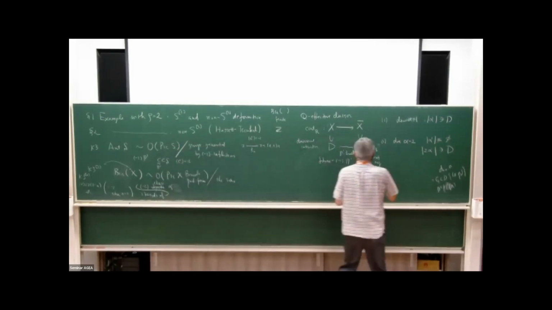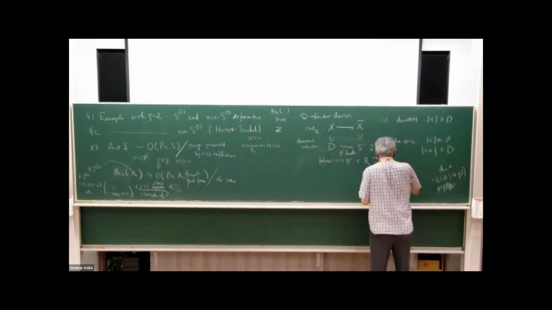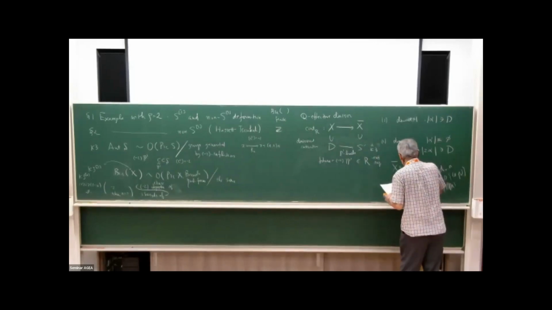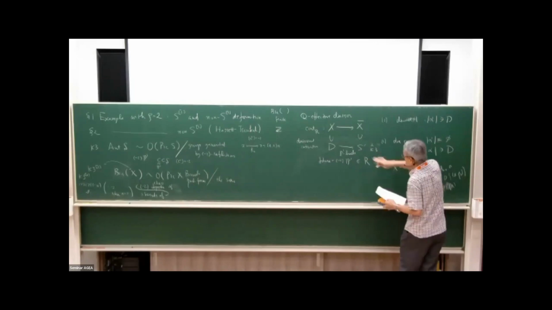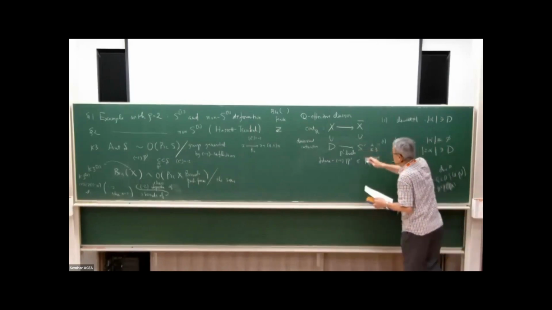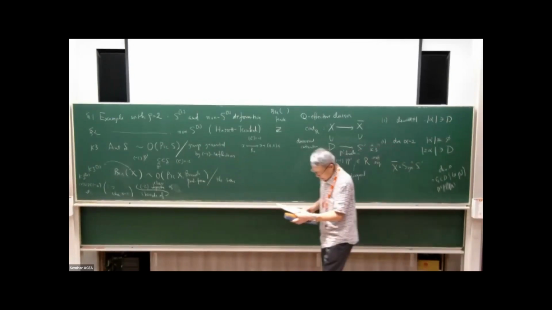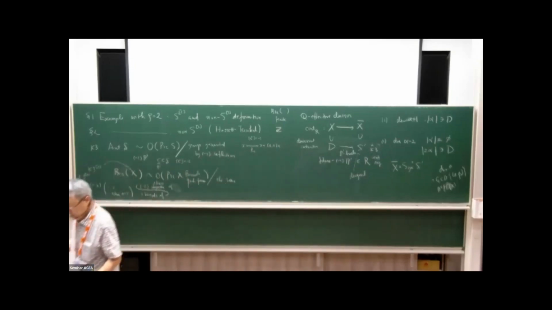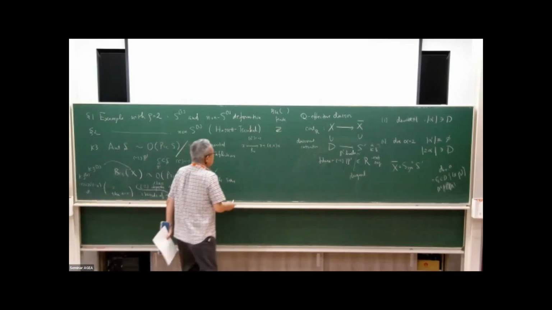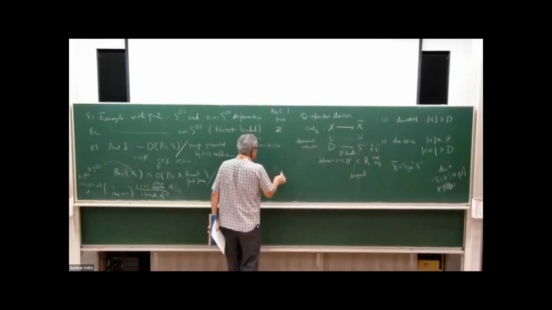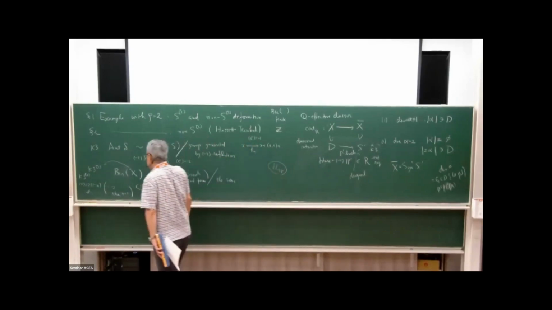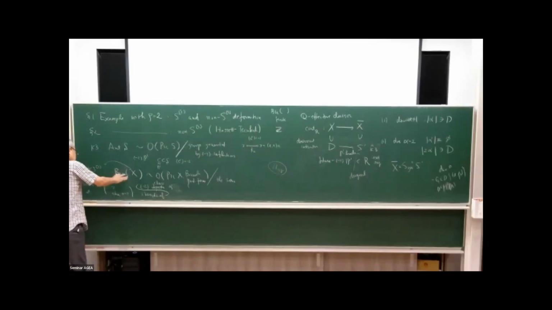And in this case, this X bar is the symmetric product of this K3 surface S', and this S' is the diagonal. So this is a picture of it, and we have a flop, but the flop doesn't affect the birational setting.